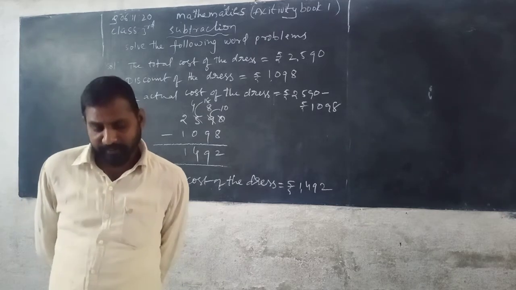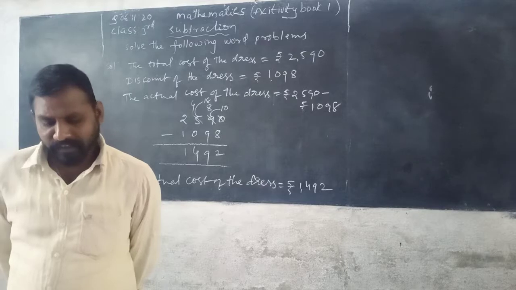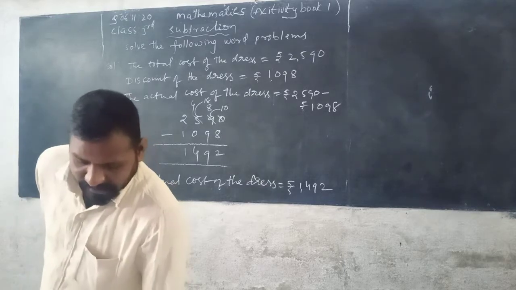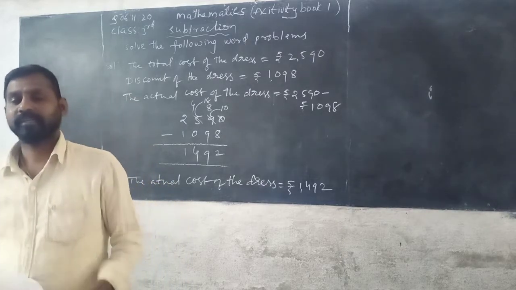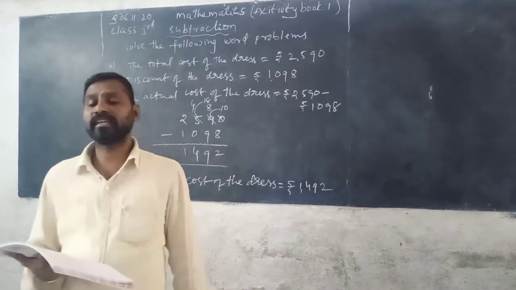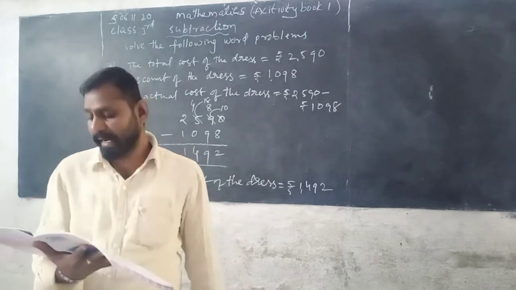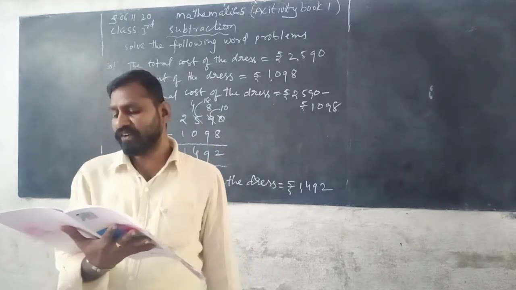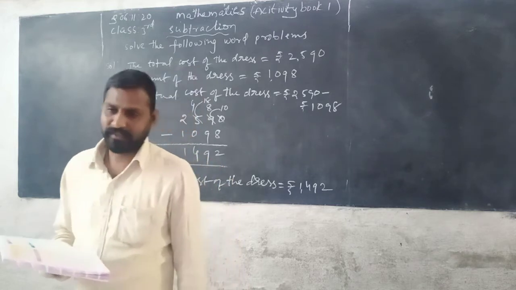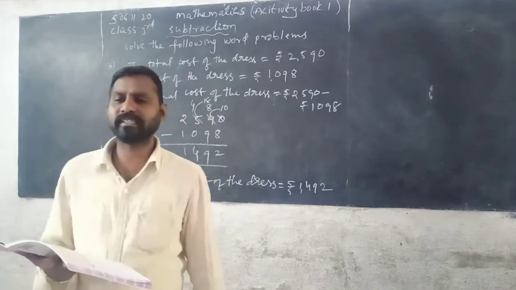Now next one, write down everybody. Leena saved 1650 rupees in January, out of which she spent 1080 rupees in February. Did you understand the problem?